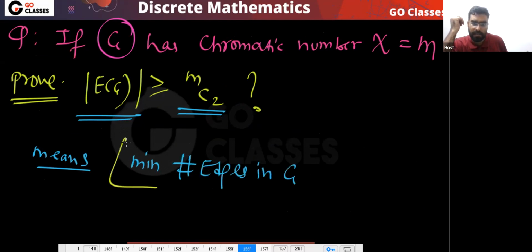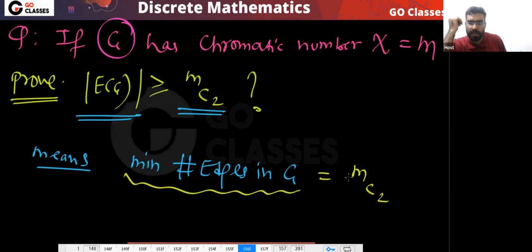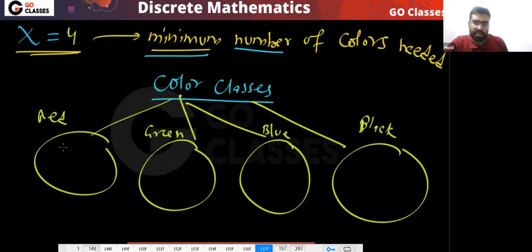The minimum number of edges in G is MC2. But how to show this? How many edges do you need at minimum? See, there is no edge here, here, here. Is it possible that you don't have any edge? Is it possible there is no edge?